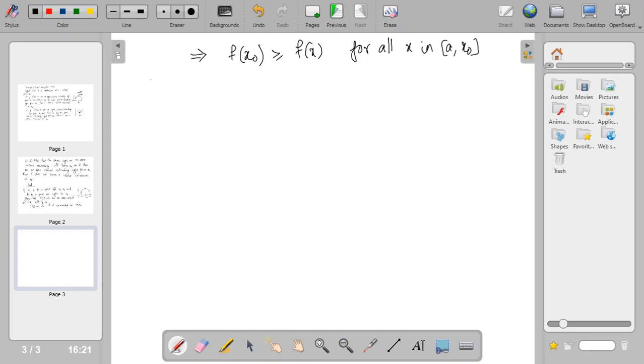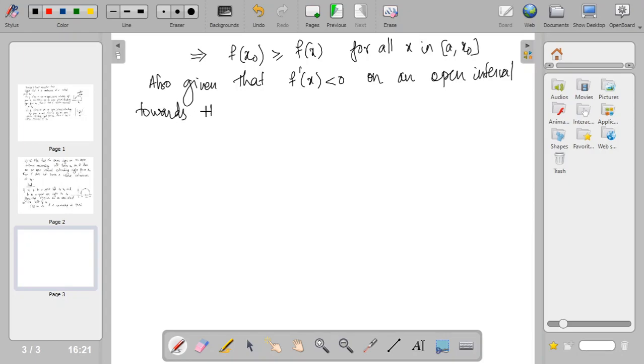And also given that f dash of x is less than 0 on an open interval towards the right of x0.